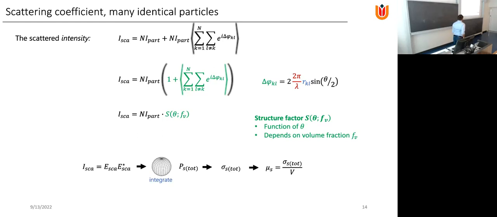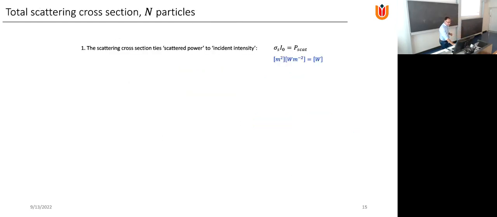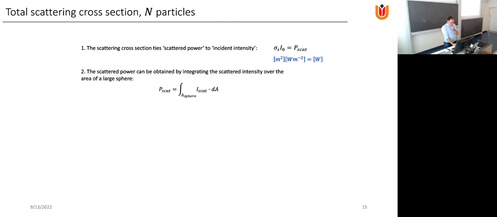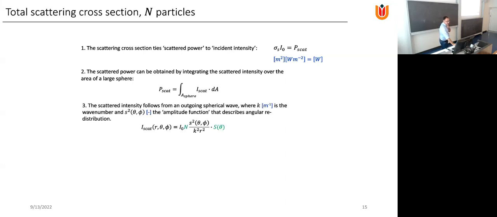So with that information, now we have this relatively compact expression for the scattered intensity. Now we can do the same steps as before, and finally try to integrate that over the sphere and get to the scattering coefficient. So there we go. We have to plug the scattered intensity into this integral and integrate over the surface of the sphere. The expression is almost the same as before, except for the fact that we are now considering n particles, and we have this structure factor addition.